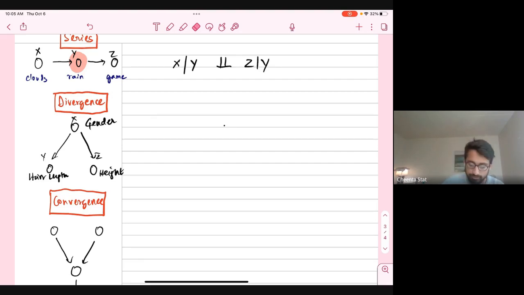But we'll see that. If you know the gender of a person, let's say you know that I'm a male, does my hair length and my height affect each other?